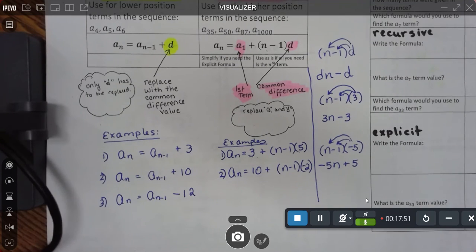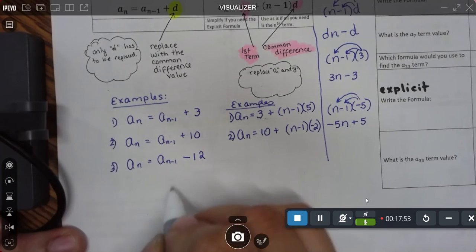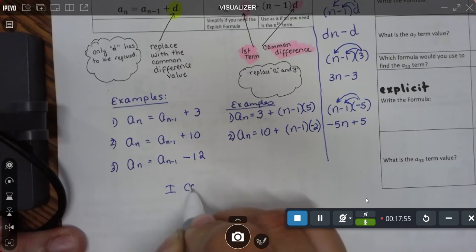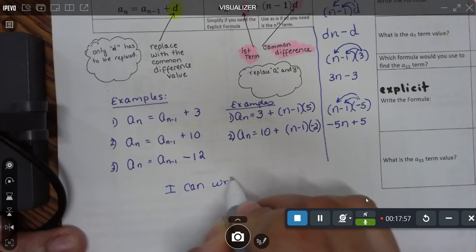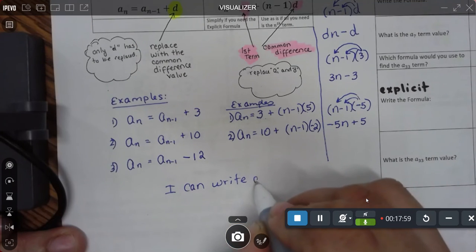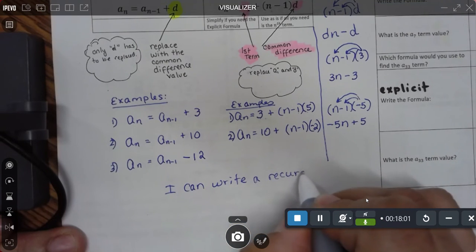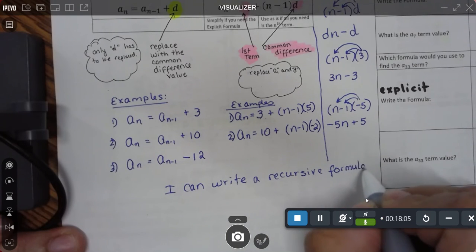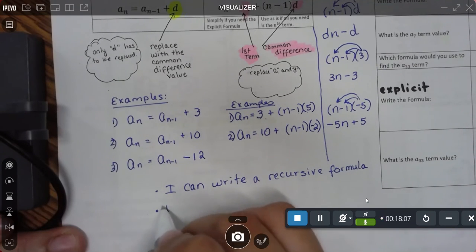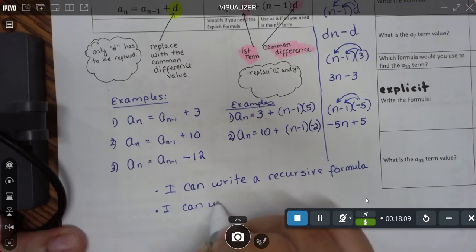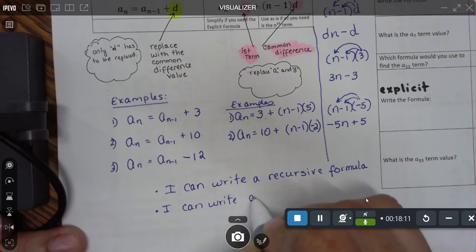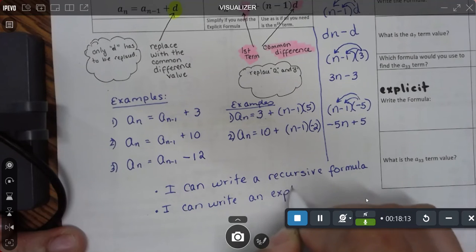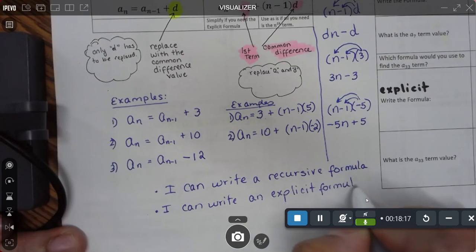And basically, what's today's goal? Right here, I can write a recursive formula. I can write an explicit formula. And this is for arithmetic sequences, okay?